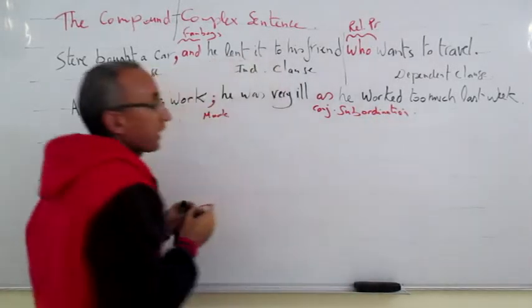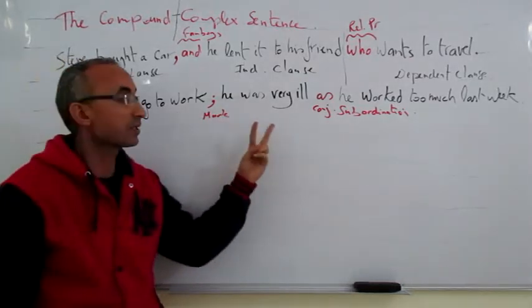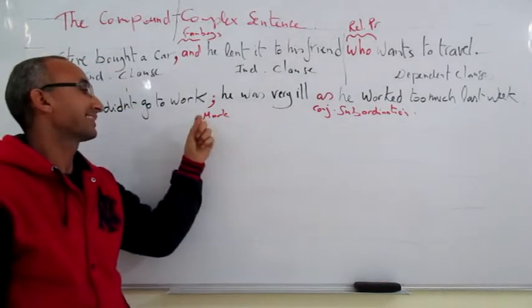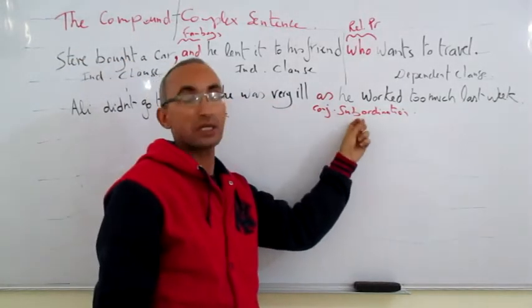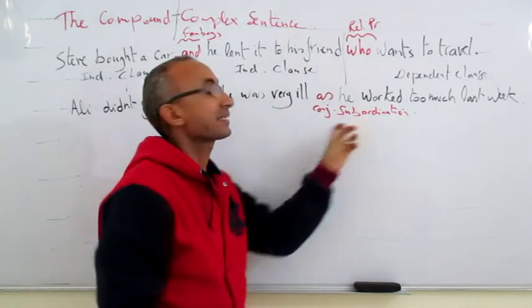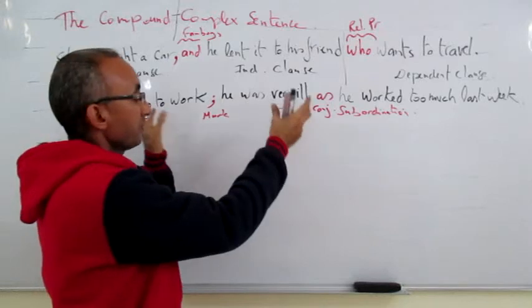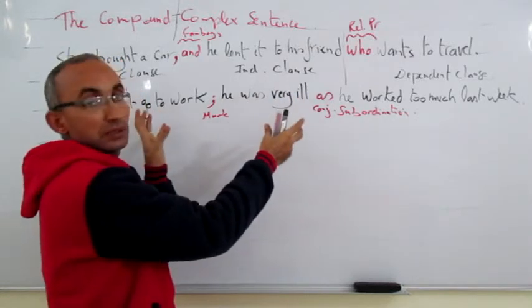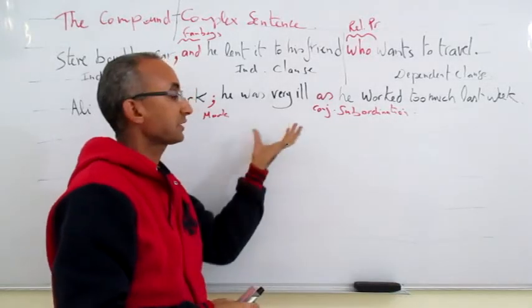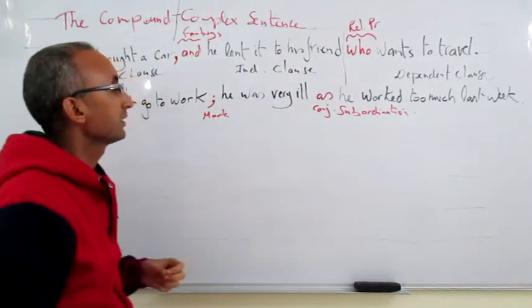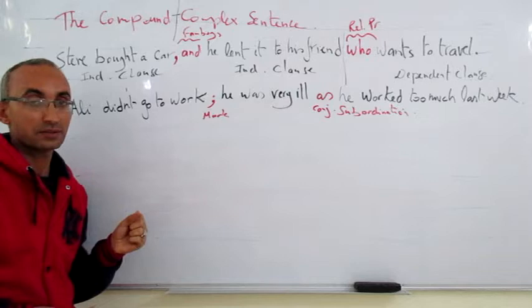Here also I have a combination of the two markers of the two previous types of sentences. Semicolon for the compound and conjunction of subordination for the complex. When they come together, they form a compound complex sentence. And it is simply the third type of sentences. Alright. Good.